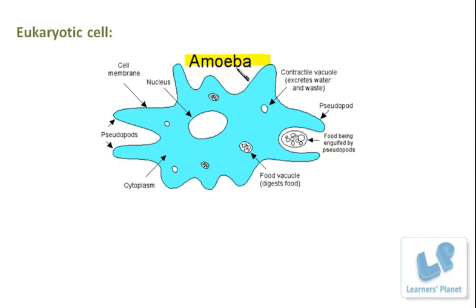A special property of amoeba you all must be aware of is that it has a highly flexible plasma membrane, and this flexibility helps in the development of the pseudopodia or the pseudopods, that is, false feet. Now this false feet helps in capturing the food material from the surrounding and engulfing it inside into the form of a food vacuole.